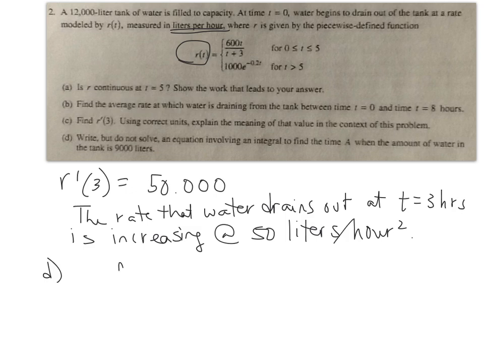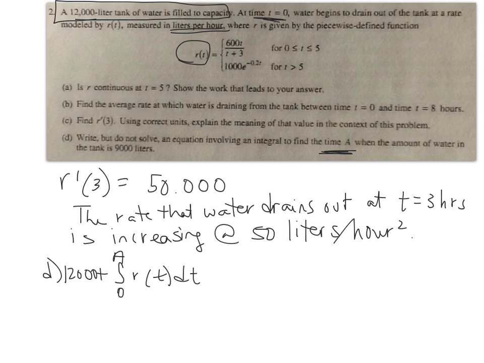So I want to integrate from time 0 to the ending time a, which is going to remain a variable, of R of t dt, but I'm going to have to add on the initial amount of water. So at time 0, the tank is filled to capacity and it has 1,200 liters. So this will be 1,200 plus the integral.